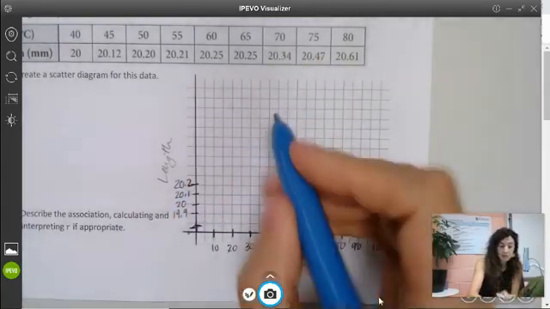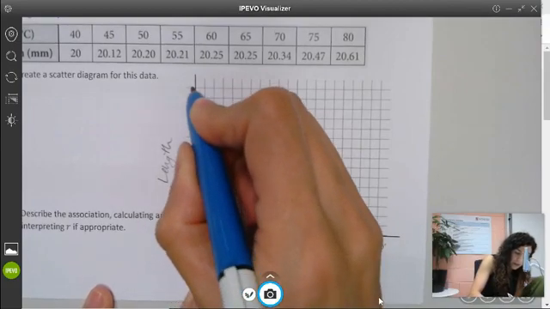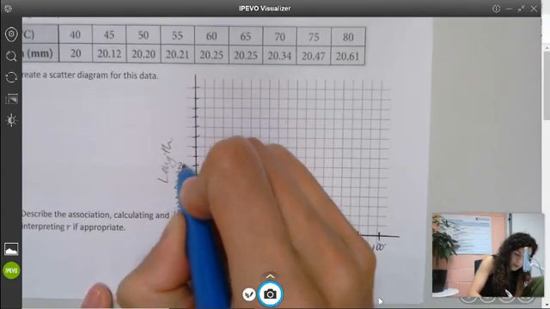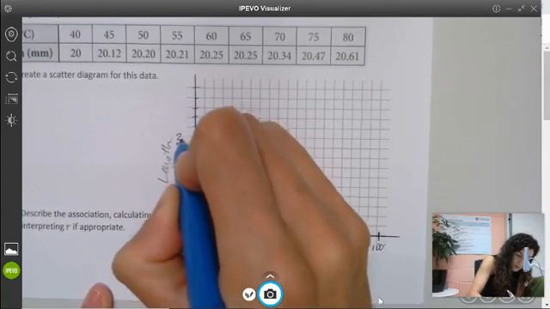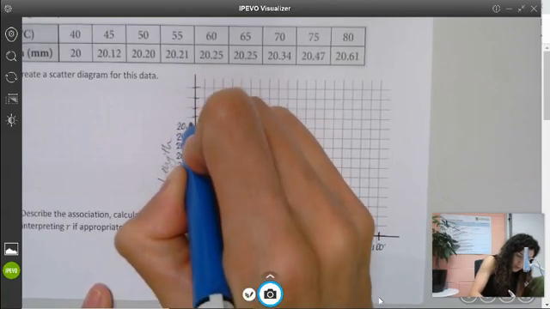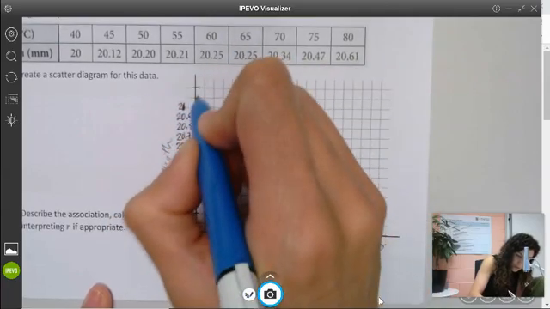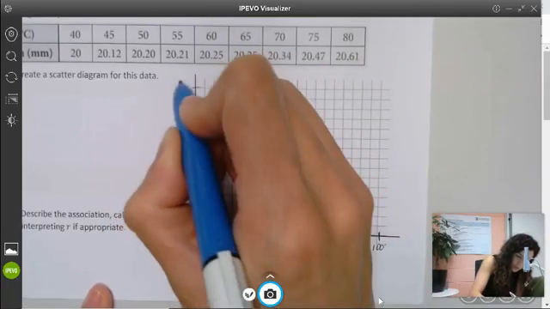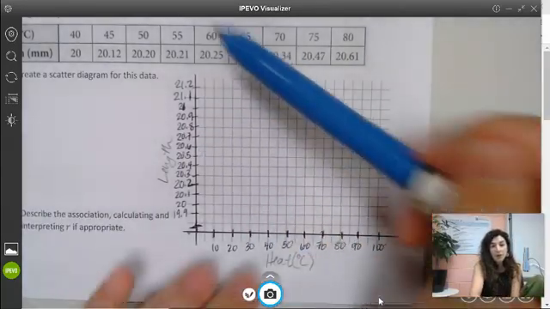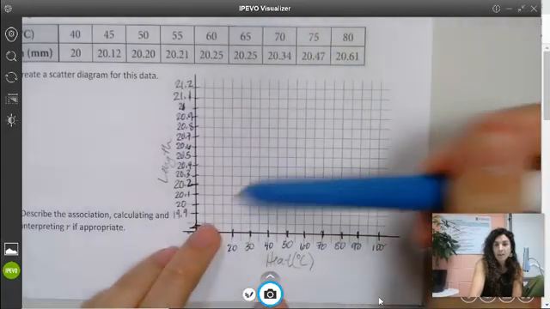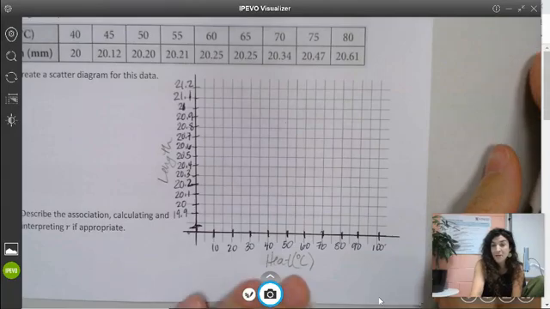So that's the unit of measurement that I'm going to go up by. Okay, and now I would like for you to go ahead and plot each of these points along here. I'll pause the video and you can press play when you're ready to move on.